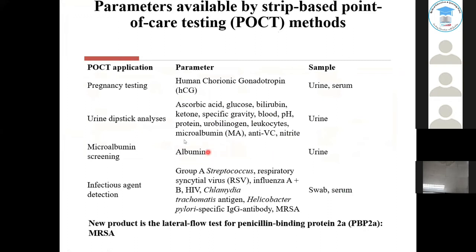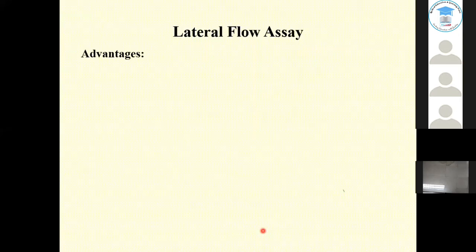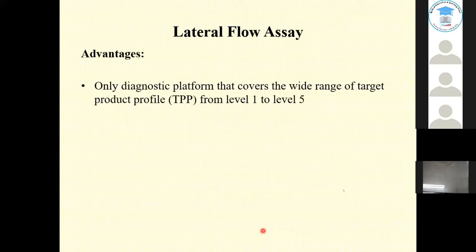Screening for microalbumin, and infectious agent detection, like group A streptococcus and the like that we have already discussed. A new product is the lateral flow test for penicillin binding protein 2A, which might be used for the detection of MRSA.